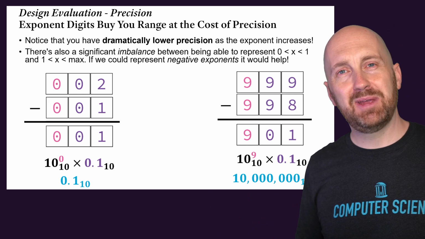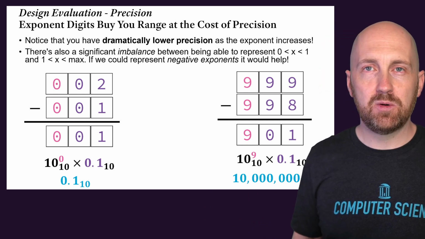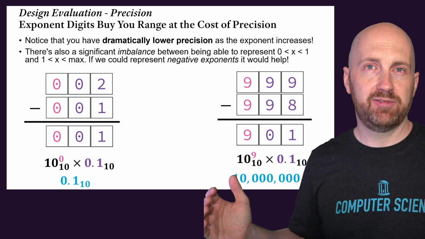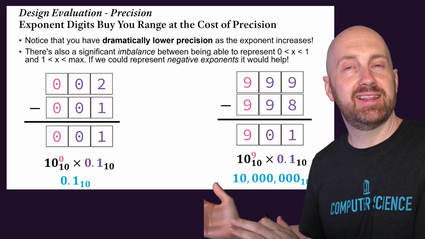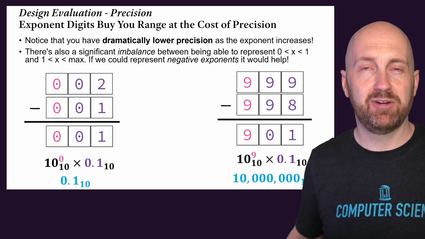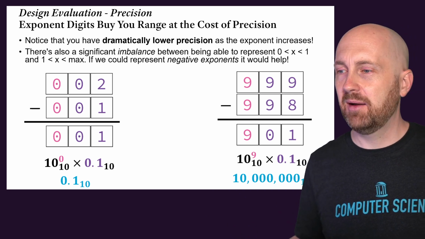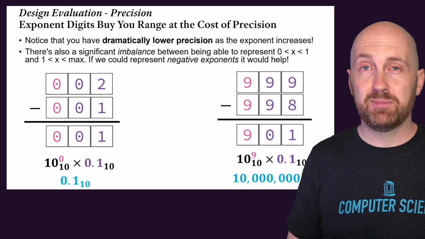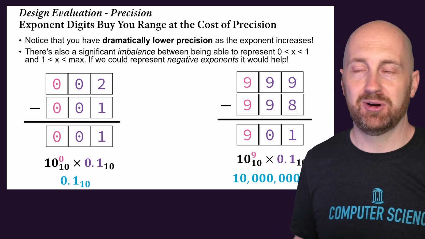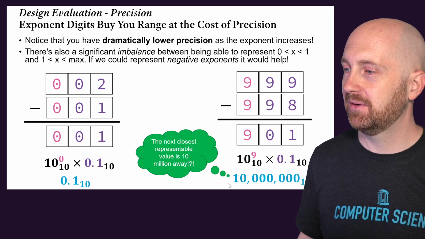So we've got some imbalance in the lower end of the numbers that we can represent. We actually do have a lot more precision than at the high end. And so there's a lot of imbalance here, and we might want to find a clever way of balancing some of this so that maybe we give up some of the precision on the low end, but we have more precision on the high end of our number system.